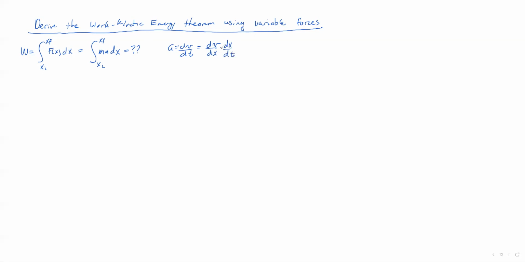See, I can take a derivative and change it like a fraction. The dx cancels to give me dv/dt, but I want a dx because I think the dx might be more helpful. So dx/dt is just equal to v, by the definition of v. Now I have an alternative definition for acceleration: v dv/dx.